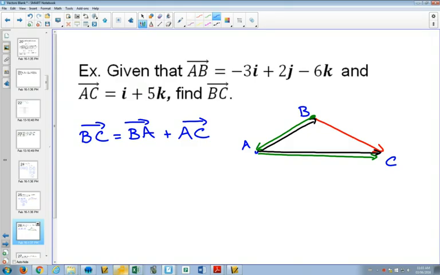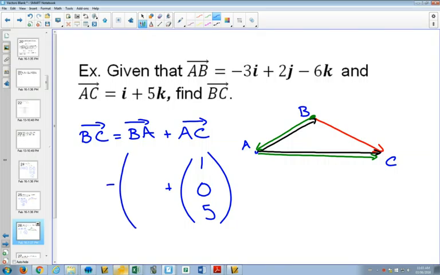We're given A to C. We know that A to C is i, 5k... 1, 0, 5, because there's no j. But we're given A to B, we're not given B to A. Just flip it.